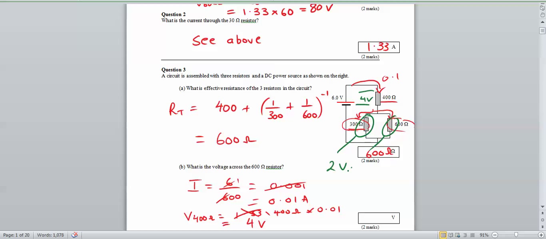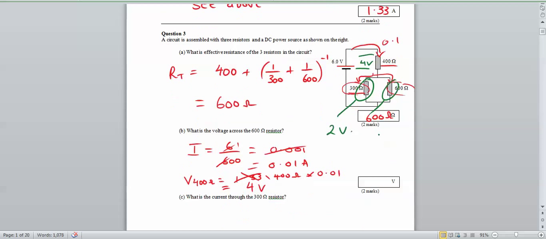So the current of the 300 ohm resistor is equal to the voltage divided by the resistance, which is 2 volts over 300.